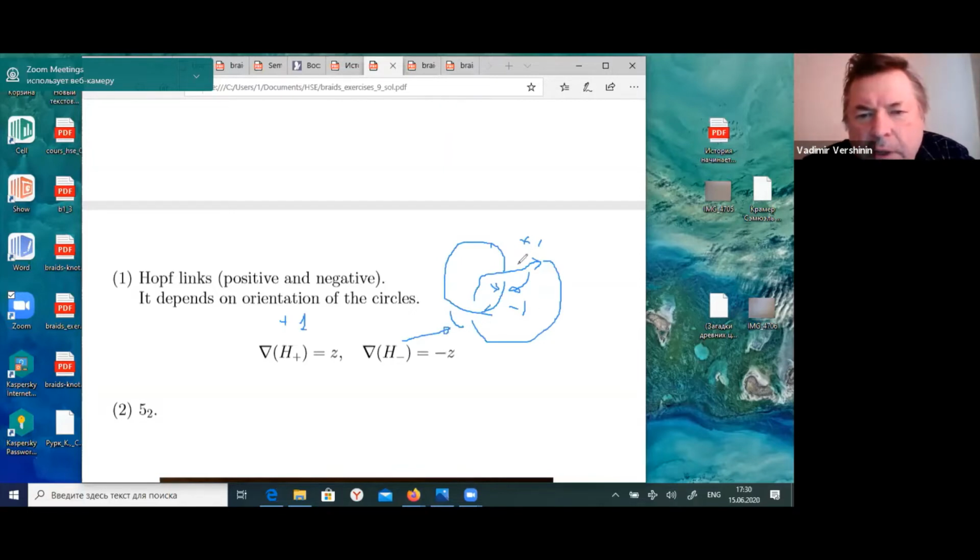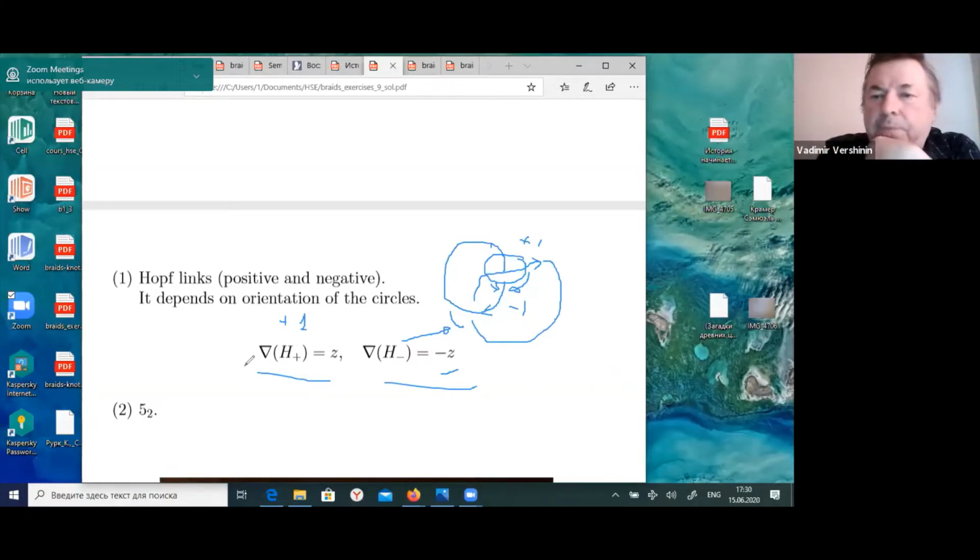The same way, if you make a resolution of this crossing, you will have -z. So for Hopf, the Alexander polynomial depends on whether you have positive Hopf or negative Hopf.